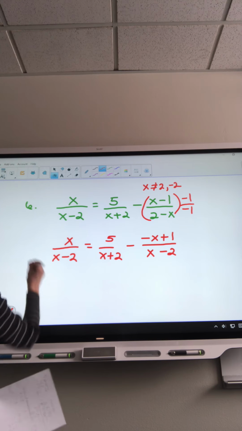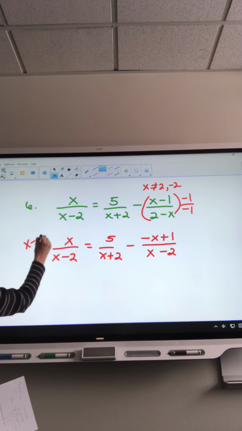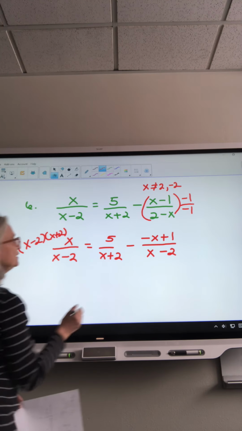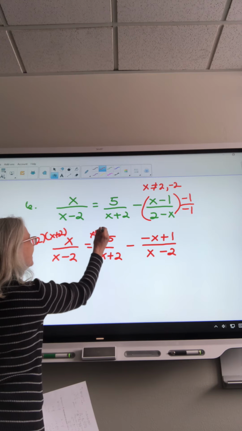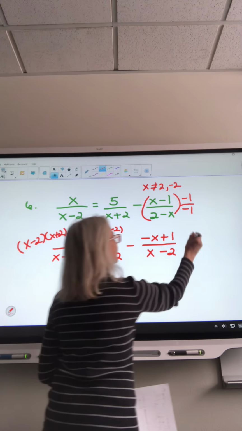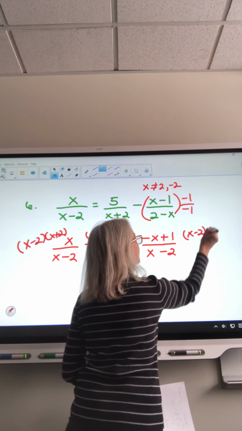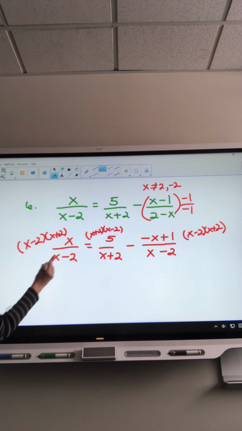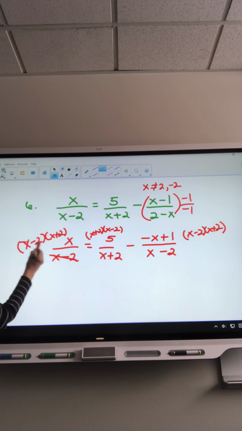So I get rid of the x minus 2 on the bottom.